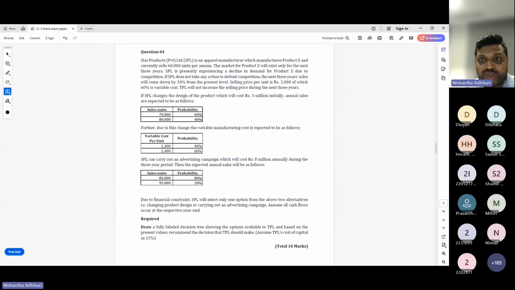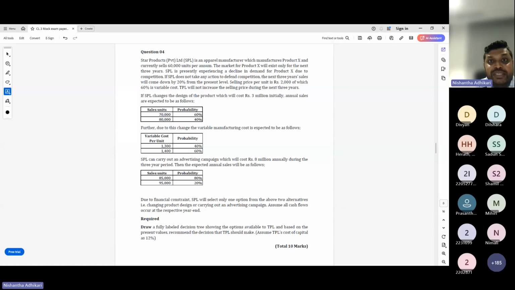Selling price per unit is 2,000, of which 60% is variable cost. That means 60% of 2,000 is 1,200. Contribution per unit is 800, that is 40%, right? SPL will not increase the selling price during the next 3 years. The selling price will remain at 2,000.